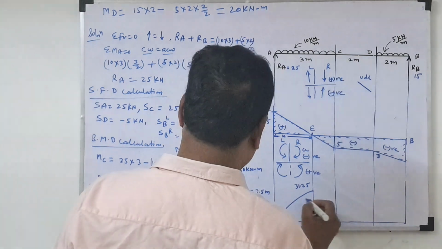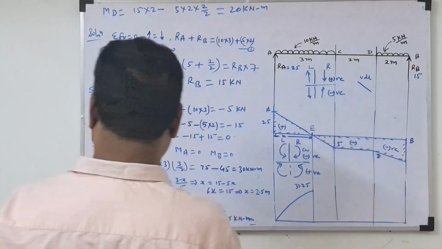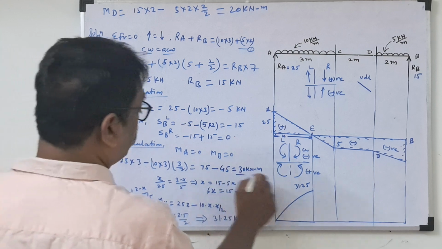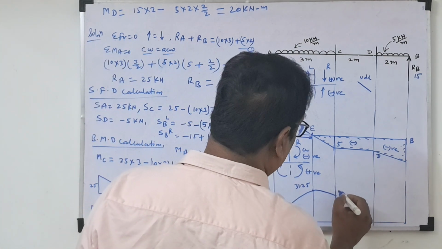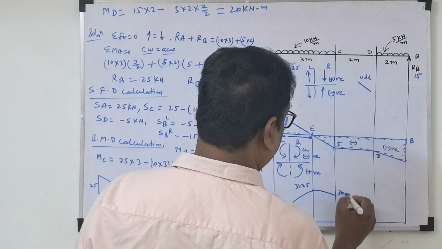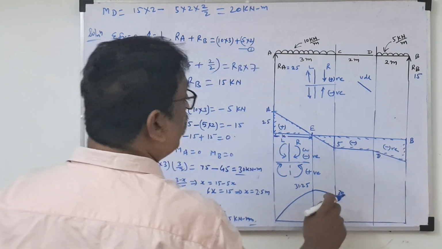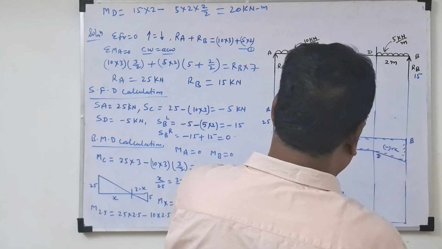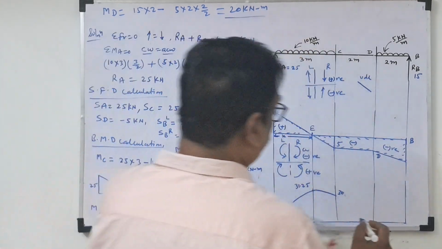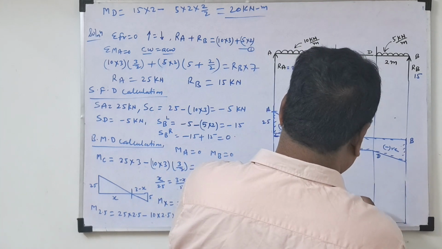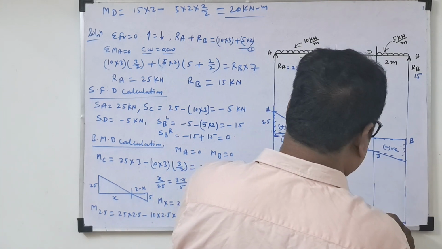Now what is this point? C. MC we calculated, yes, 30. So this is also a curve line only. 30 exact. Now here there is no load. So at point D it is 20. So this will be the inclined line.